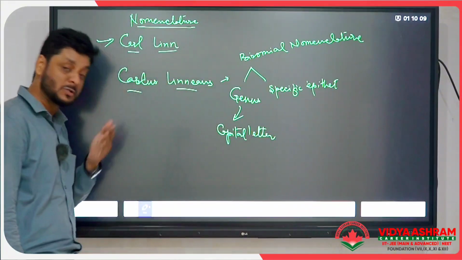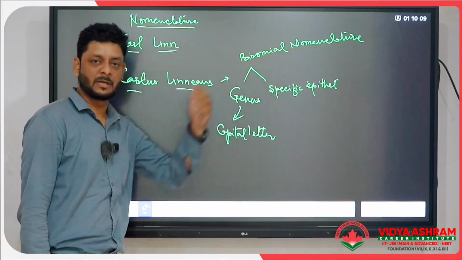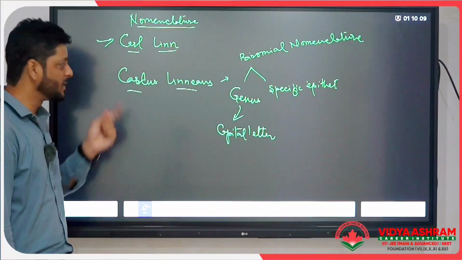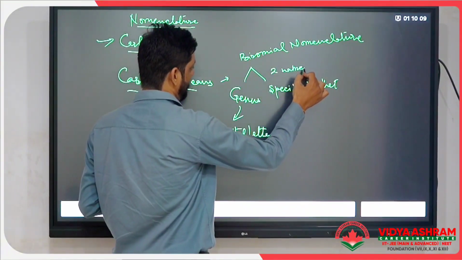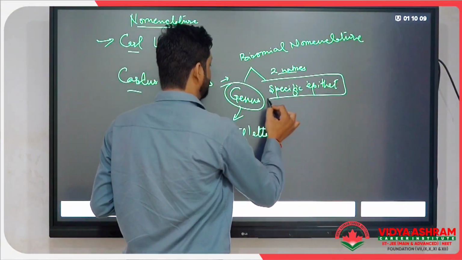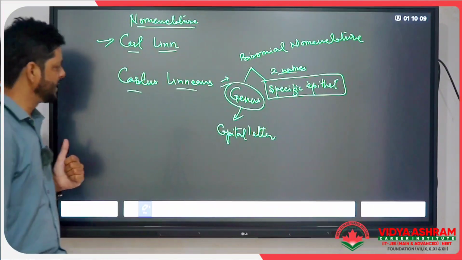There are certain rules for the binomial nomenclature proposed by Carolus Linnaeus. The first rule is that it has 2 names. The first represents its genus, the second name represents its specific epithet.